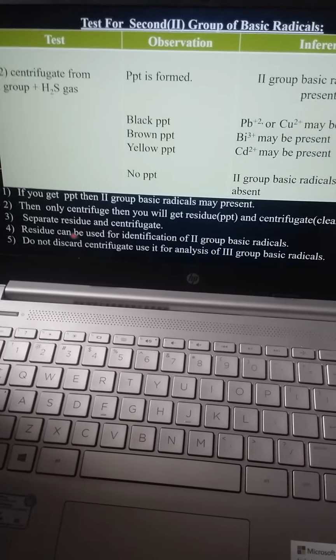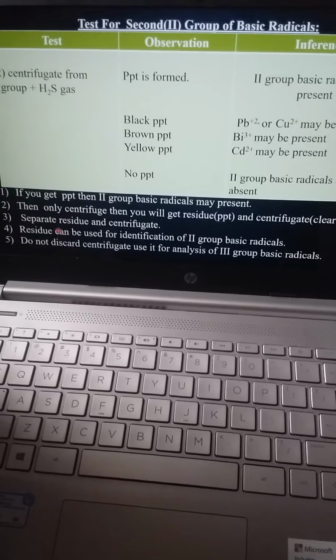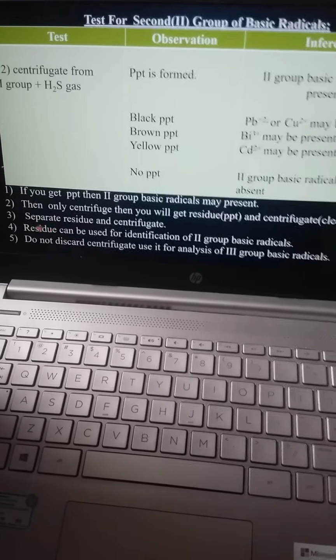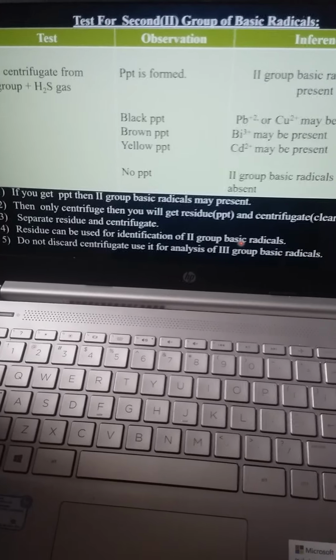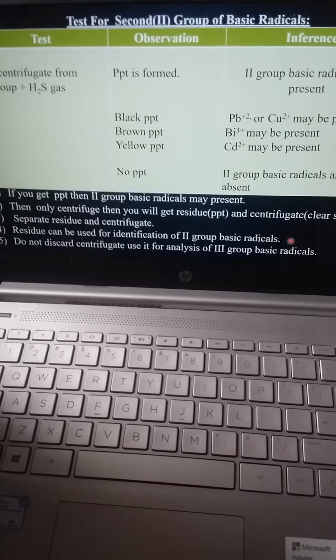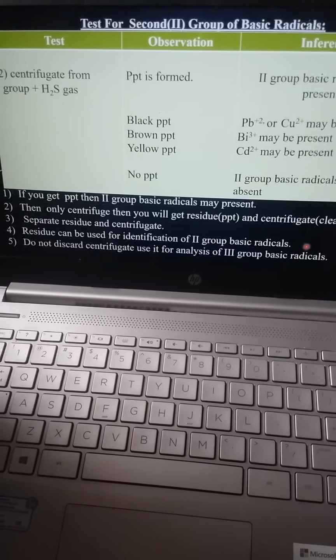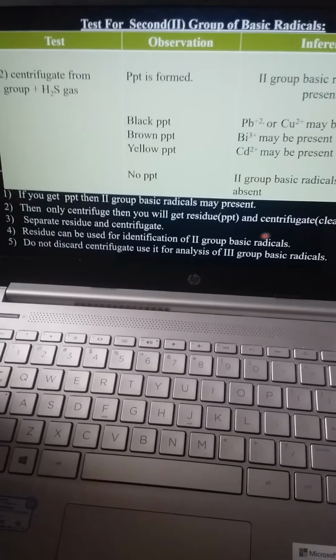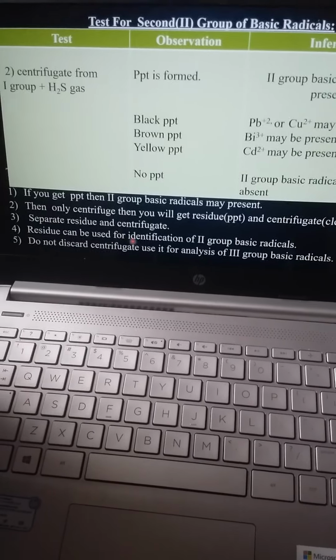The residue can be used for the identification of second group basic radicals. Remember, residue, not centrifugate. Whether it is lead, cupric, bismuth or cadmium, you can determine that basic radical by taking the residue, not the centrifugate.